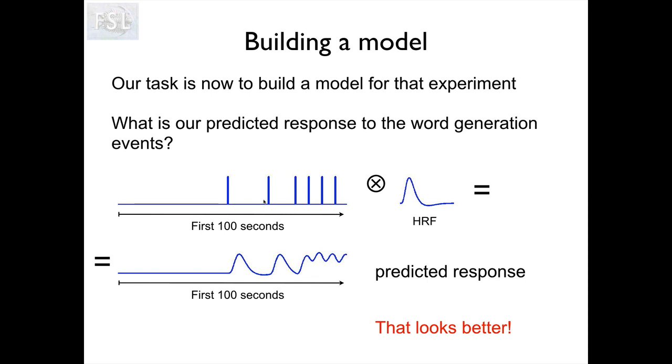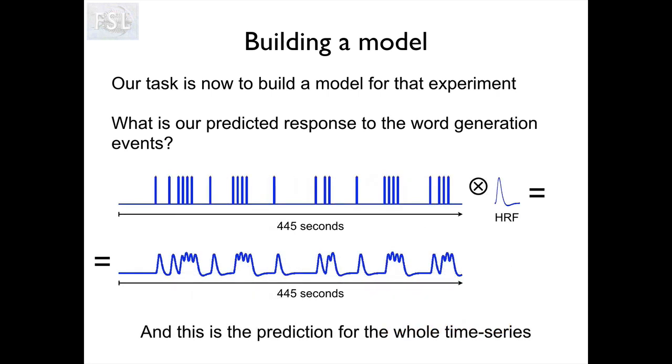And when one of the functions is as simple as the train of sticks, then what the convolution is doing is simply taking this HRF and placing one HRF starting at each and every one of these event times. So we got one HRF there, we got one HRF there, etc., etc. And then we're adding these up, and this is our predicted response.